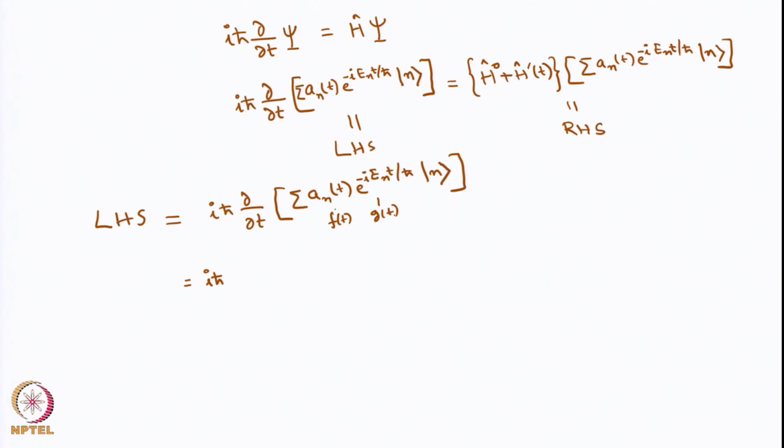So this is a summation over n, so you will have as many terms as the number of wave functions in your complete set. If there are 20 wave functions in the complete set, this expansion will be for 20 terms, and if there are 100, then 100 terms. If there are infinite wave functions, then this expansion will have infinitely many terms.